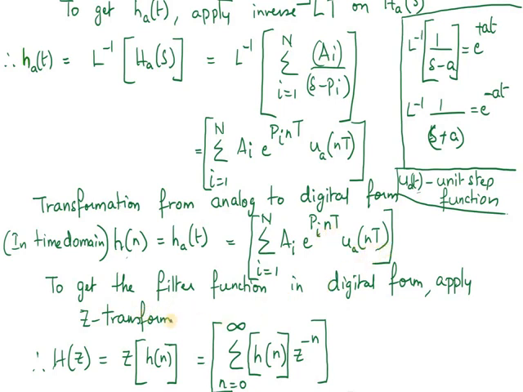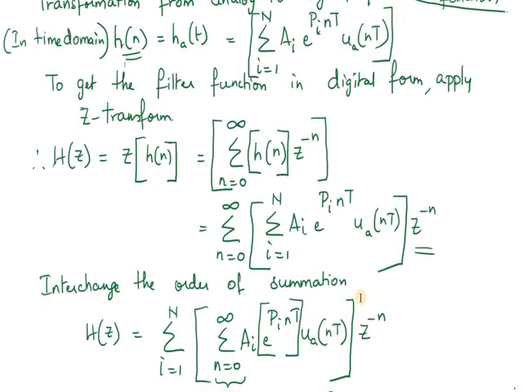Now to get the filter function in the digital domain, we need to apply the Z transform on h(n). So H(z) is equal to the Z transform applied on h(n). This is the equation for the Z transform: summation n equal to 0 to infinity h(n) into z raised to minus n.